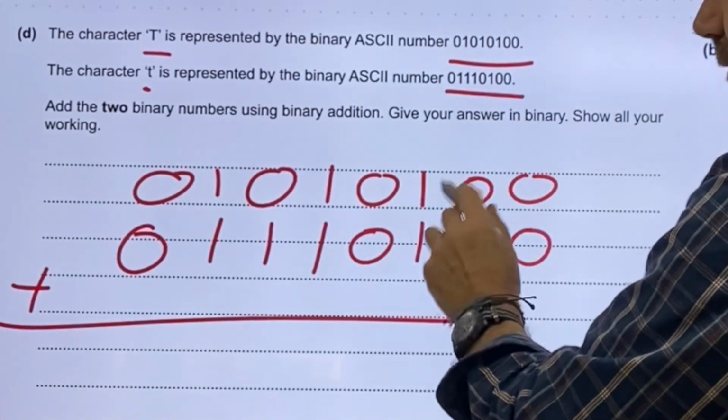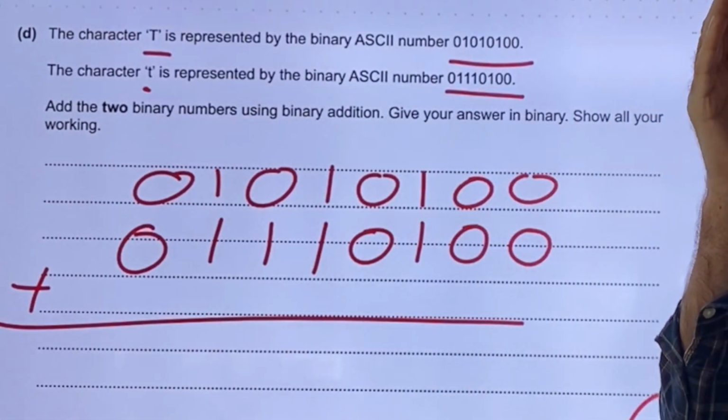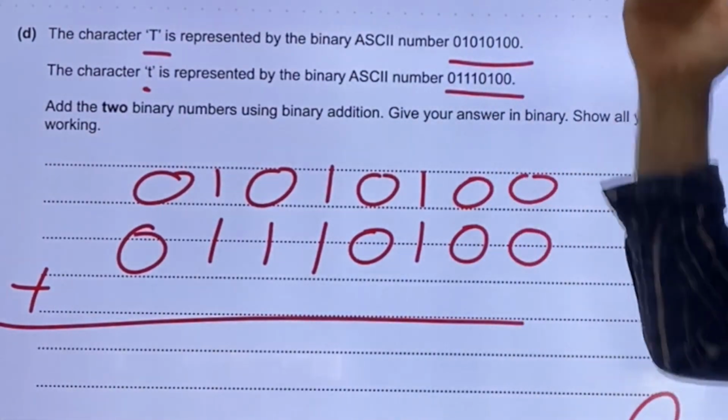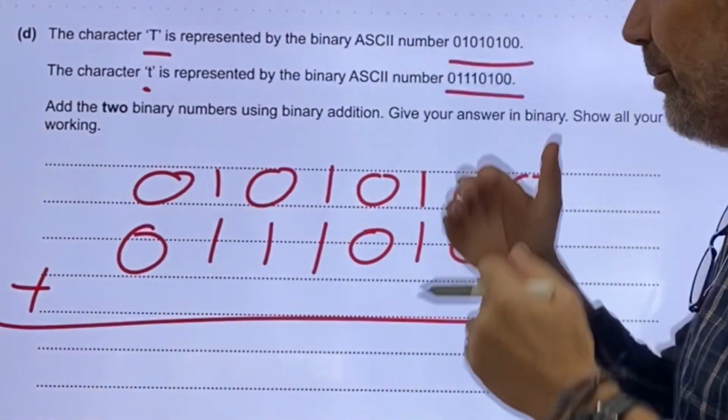What you've got to remember in your head, we can't have anything more than a 1 or a 0. 1 is the biggest number, 0 is the lowest number. It's a base 2 number system.